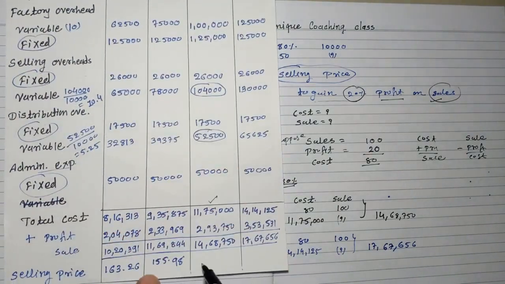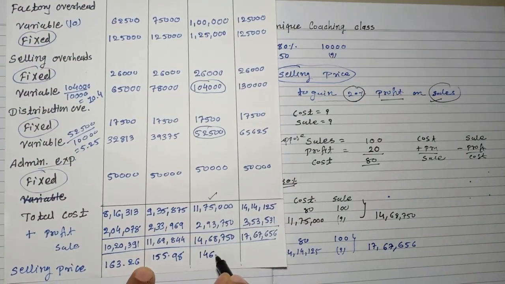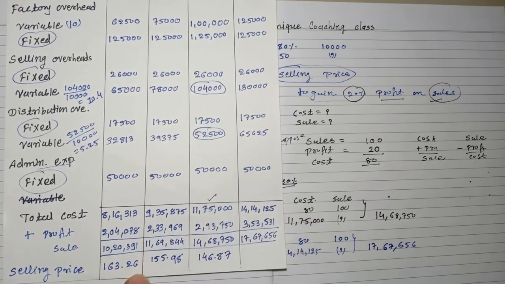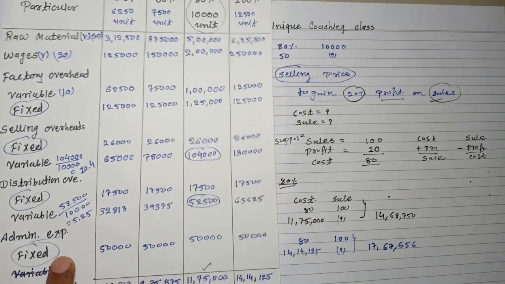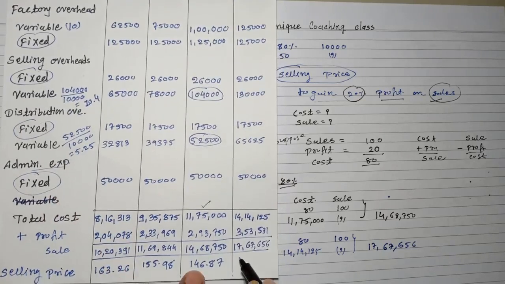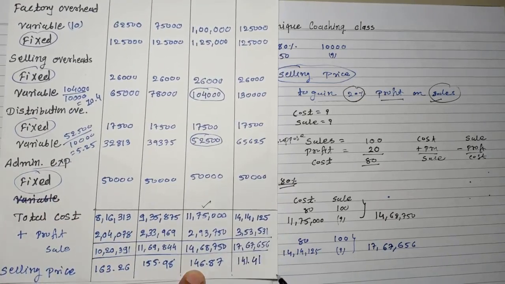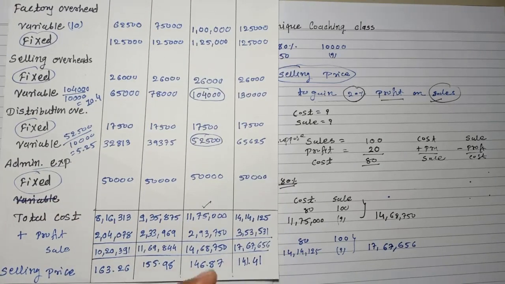So it will be 146.87, and for the last, divide by its unit 12,500. 141.41. Clear? Okay.